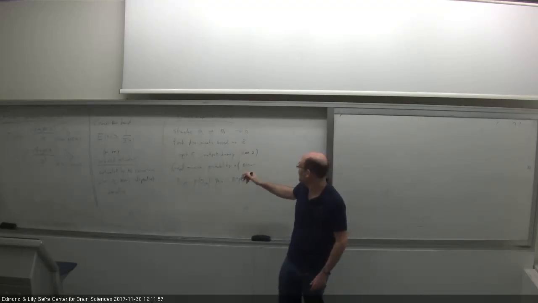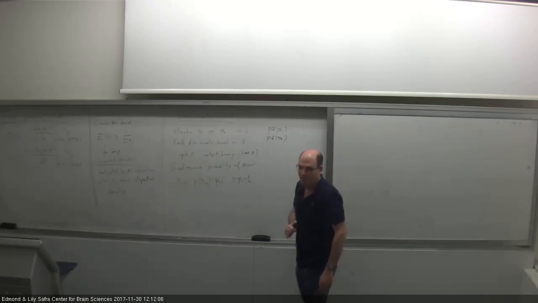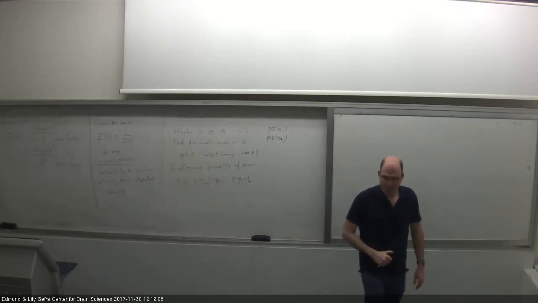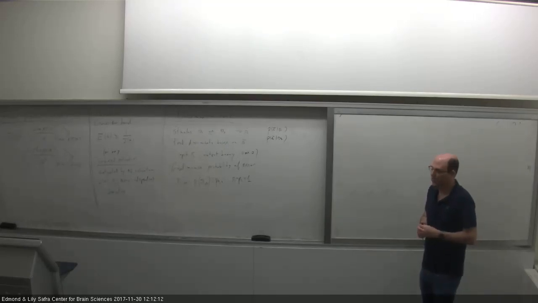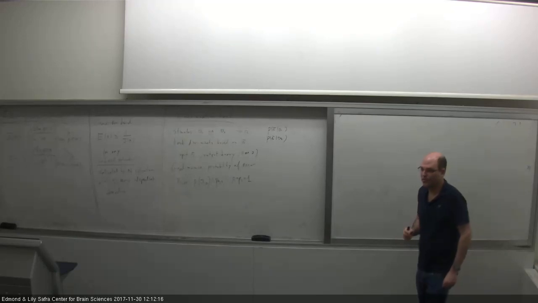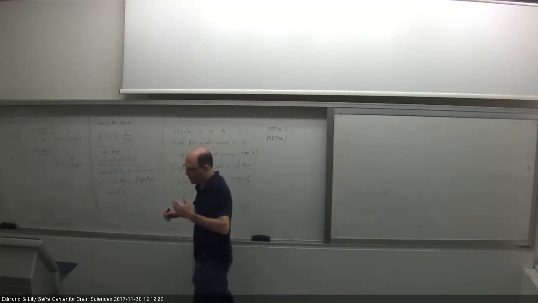Suppose that I know. So there is some probability of R given theta 1, there is a probability of R given theta 2, and I know this. And the prior? And I know the priors. So what do I need to ask in order to make an optimal discrimination?